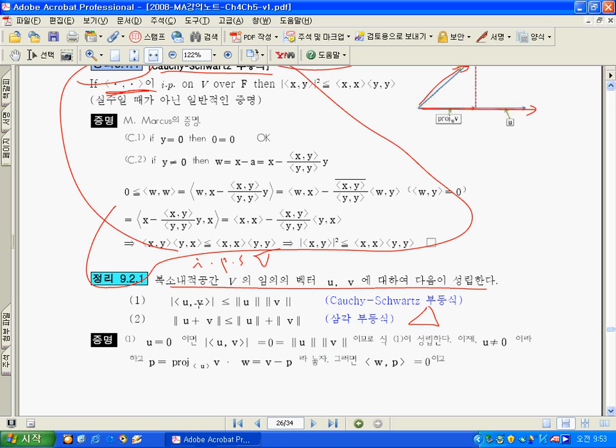We have two cases. If U is a 0 vector, then it's trivial, equality holds. If U is not a 0 vector, then let this be P and this be W. Let's say P is a projection of V on U.